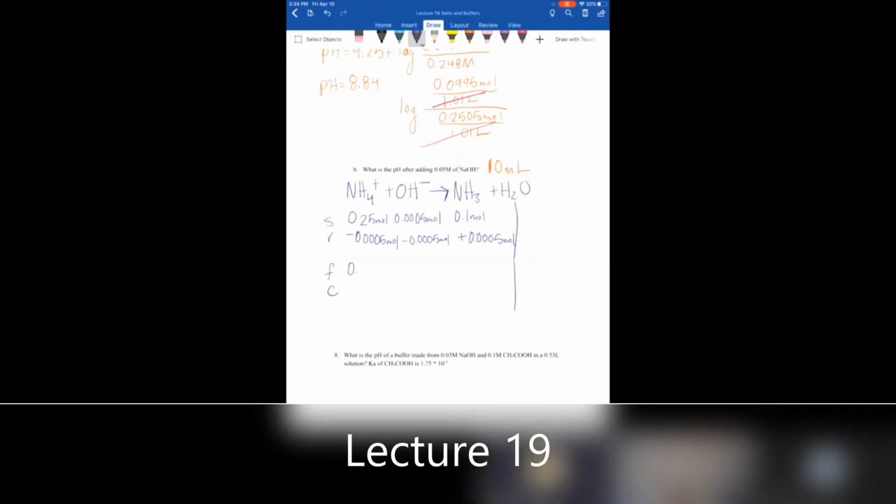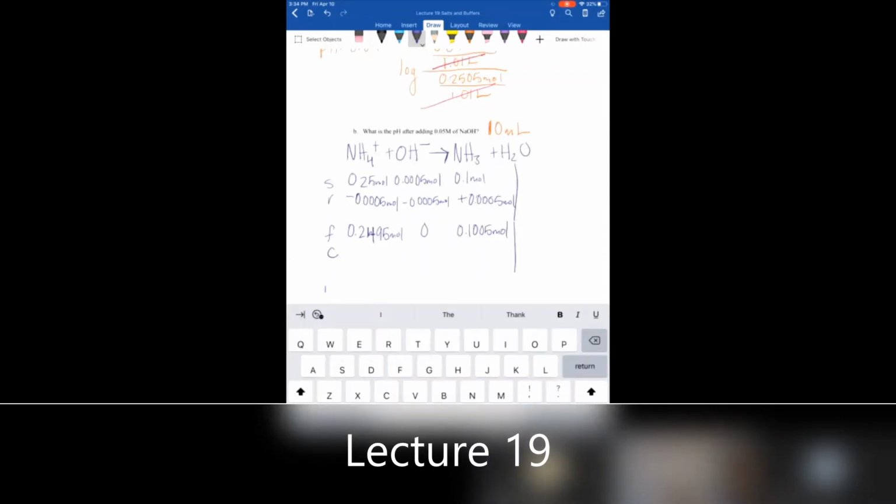So we're going to have 0.2495 and then 0.1005. So this time we're going to do it without the concentration because you don't need it.